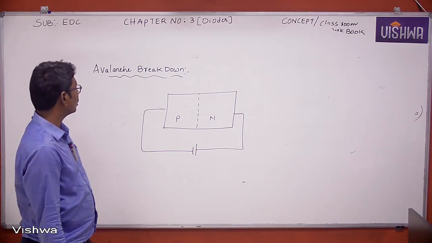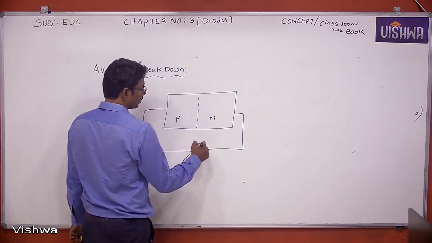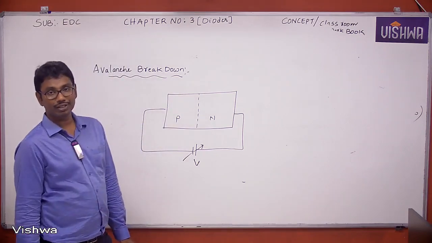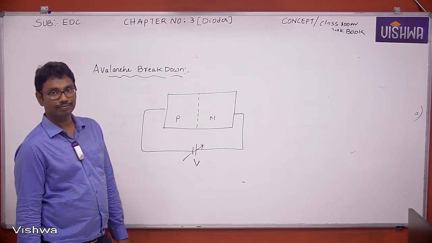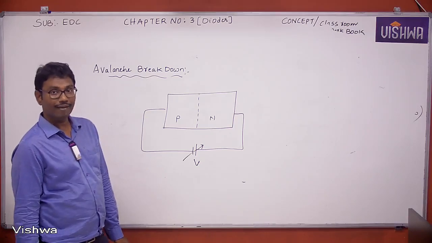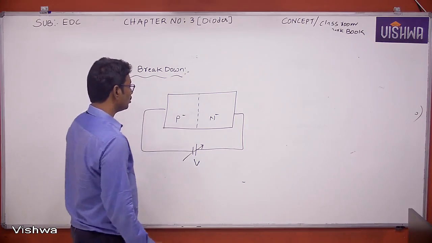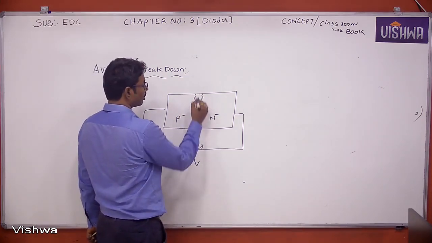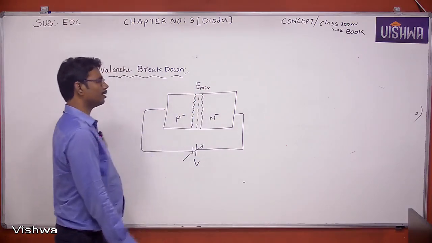This avalanche breakdown can occur in a lightly doped PN junction at high reverse voltage, due to the avalanche mechanism. For a lightly doped PN junction, the electric field is minimum, and with a minimum electric field, breakdown is not possible.